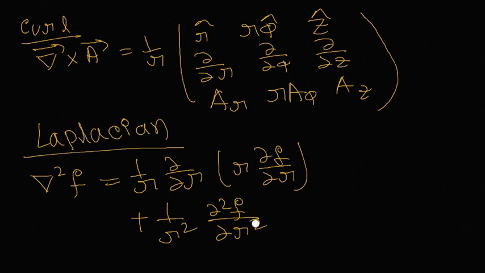Sorry, this is not del r square, this will be del phi square, plus del square f del z square. So this is how we write both in cylindrical polar coordinate and in spherical polar coordinate.